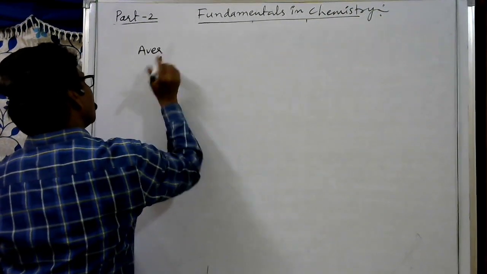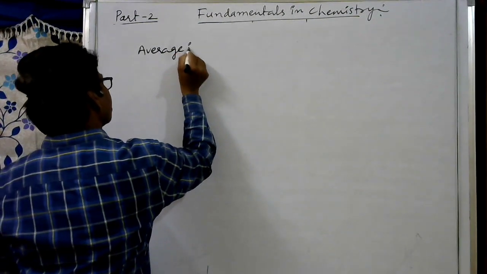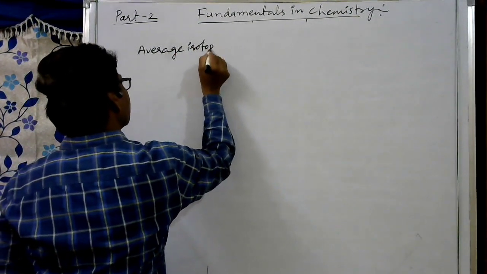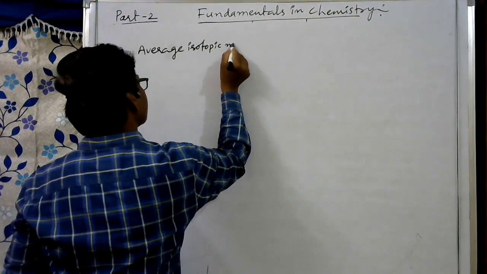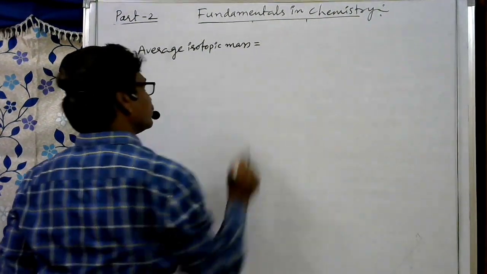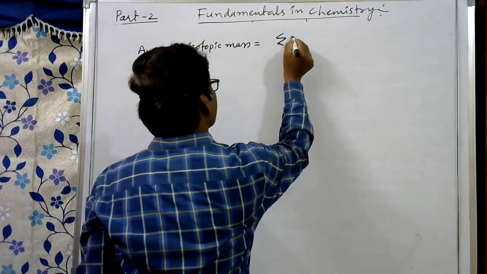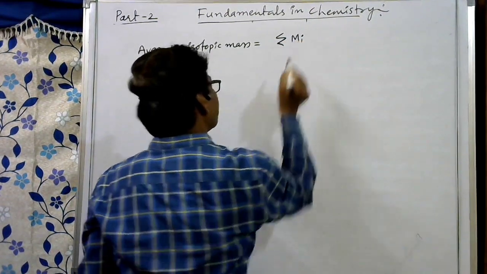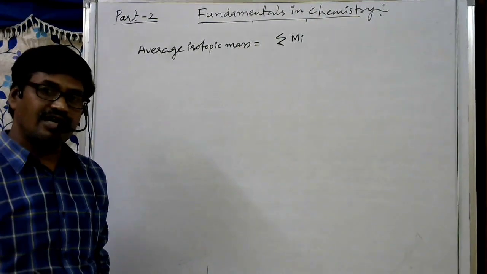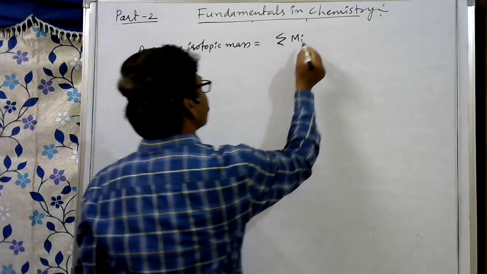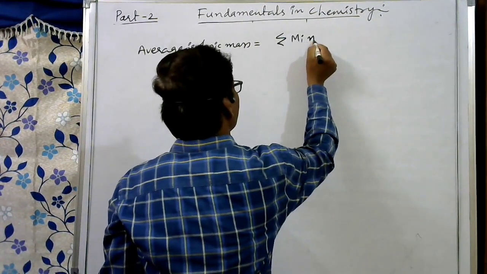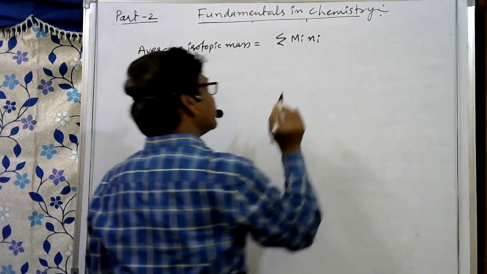Average isotopic mass equals the sum of the masses of the different isotopes present in nature, weighted by the number of those isotopes present in nature.